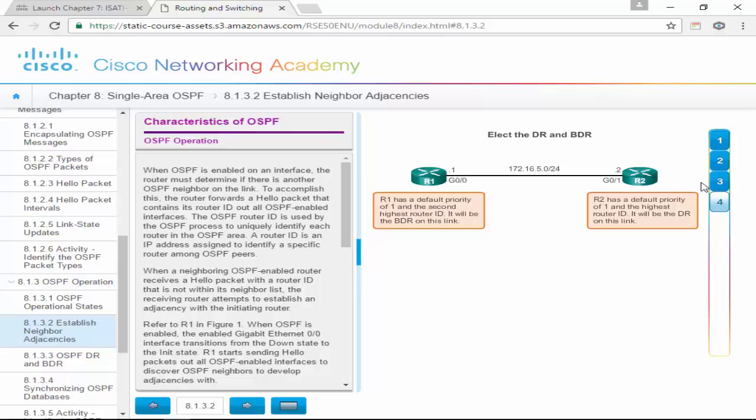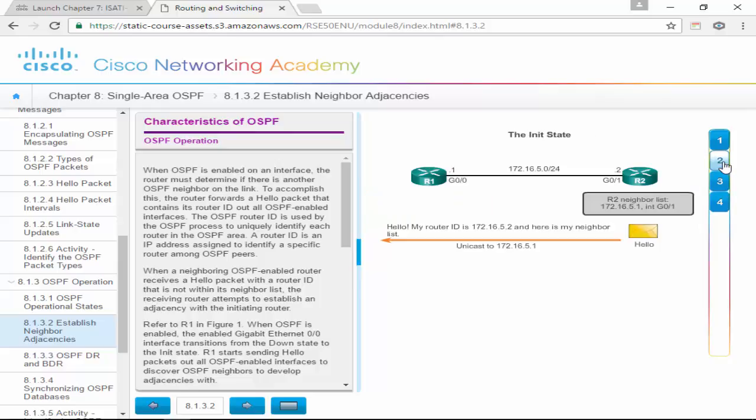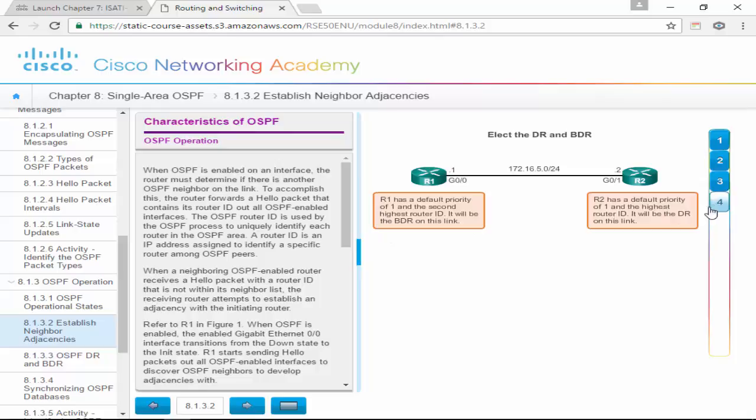I think they got this wrong because the DR should be the highest IP address, and it's saying that they are second highest router ID. Oh, no, I just read how the traffic was going. So this is .2, and this is .1. So yeah, this would be the DR. I thought it was saying this was the DR though from the graphics.